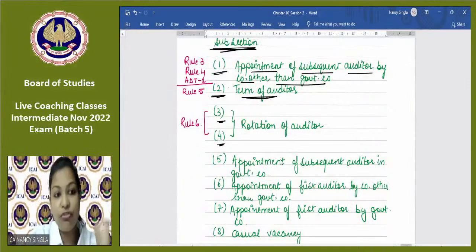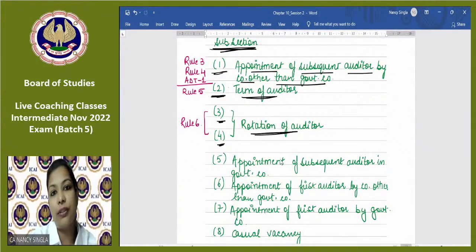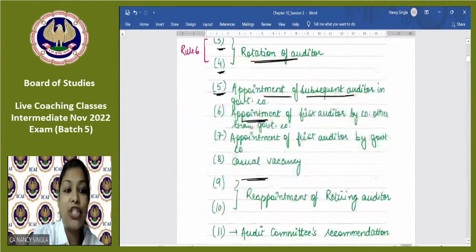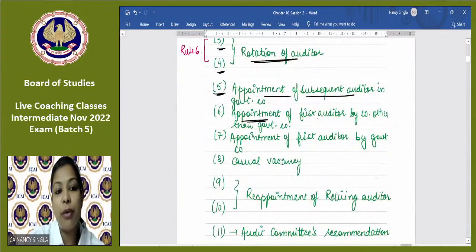Subsection 3 and 4 deal with rotation of auditor. Subsection 5 deals with appointment of subsequent auditor in government company. Subsection 6 deals with appointment of first auditor by company other than government company. Subsection 7 is appointment of first auditor by government company.